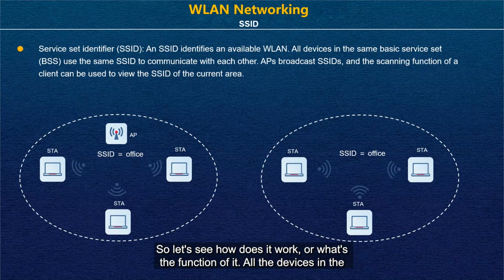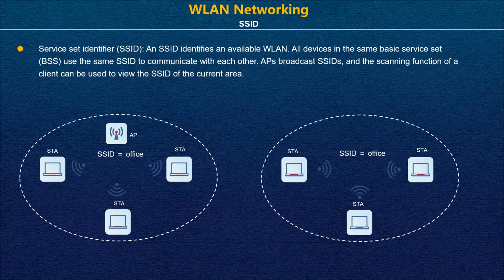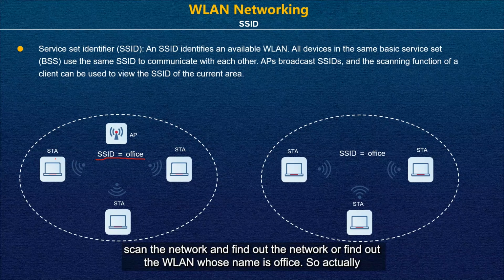All devices in the same basic service set use the same SSID to communicate with each other. For example, in the first network, the SSID is office, and all the STAs will scan and find a WLAN whose name is office.